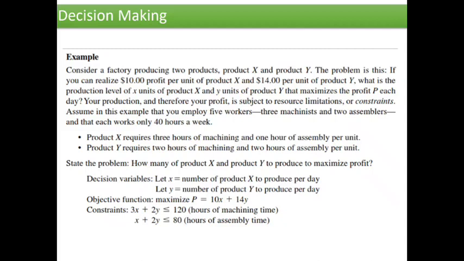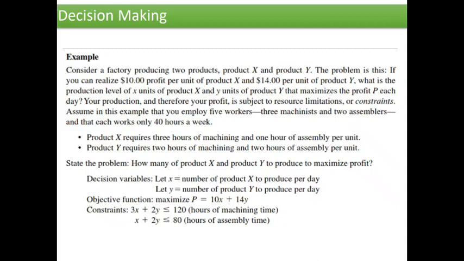So here the production level is represented by small x units of X and small y units of Y, and we have to find these. One more constraint given is that you can employ only 5 workers, 3 machinists, and 2 assemblers, each working 40 hours a week.